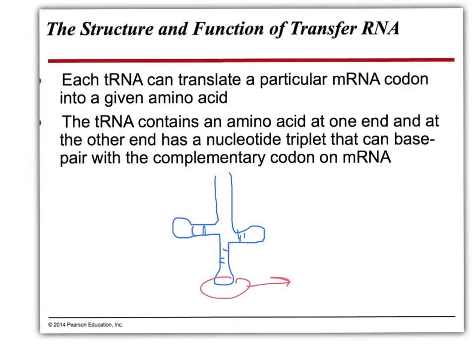You'll have three base pairs that stick out. That is your anticodon. This area up here is where you're going to get the attachment to an amino acid. So, your amino acid is at one end and the anticodon, which is complementary to a codon on mRNA, is on the other end.